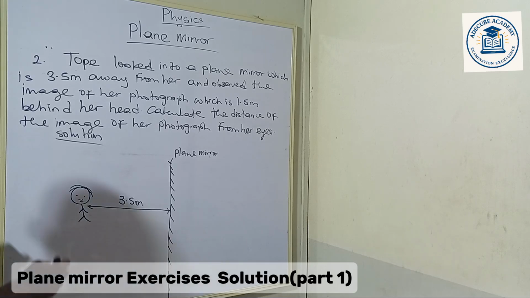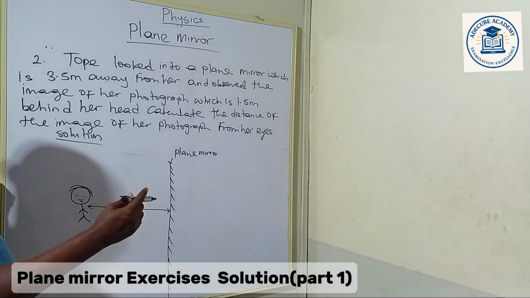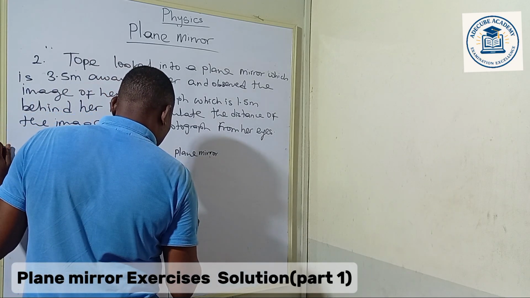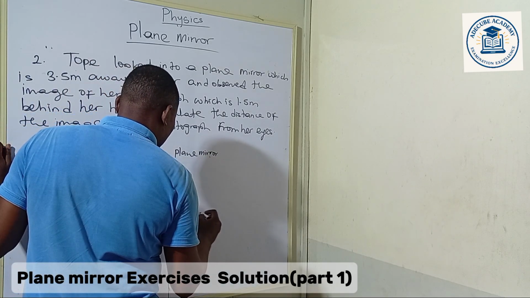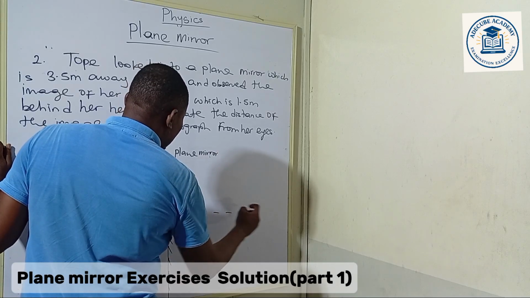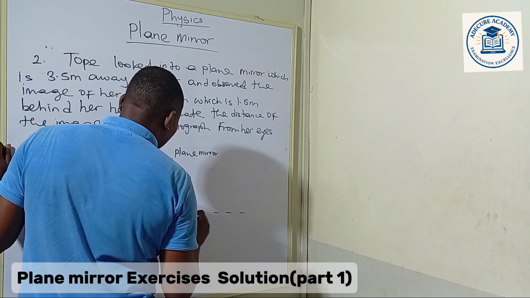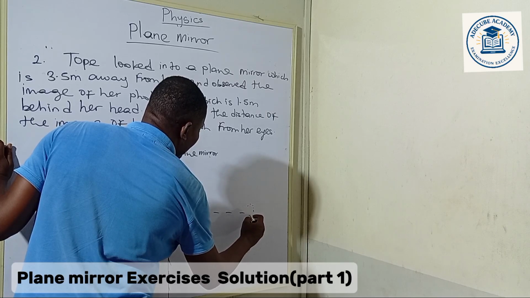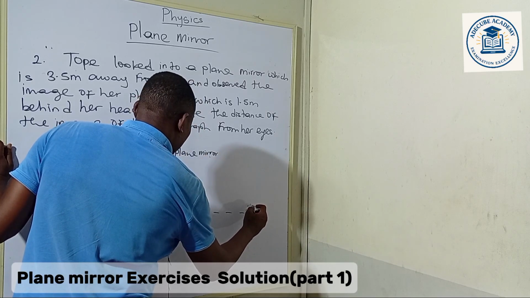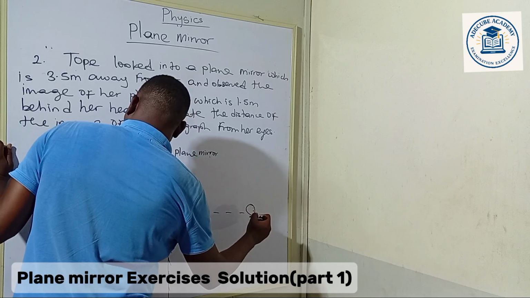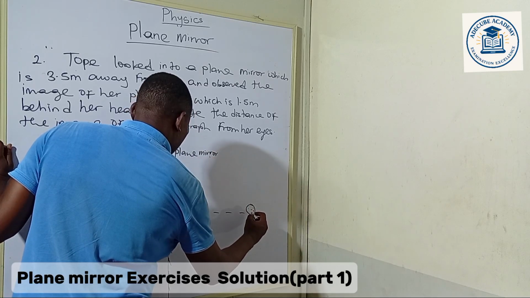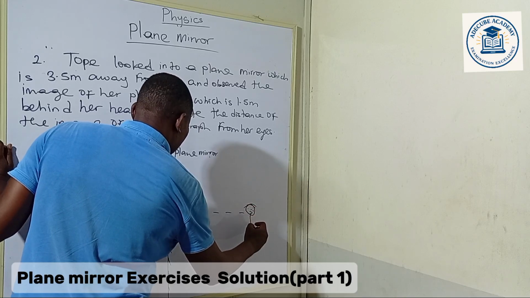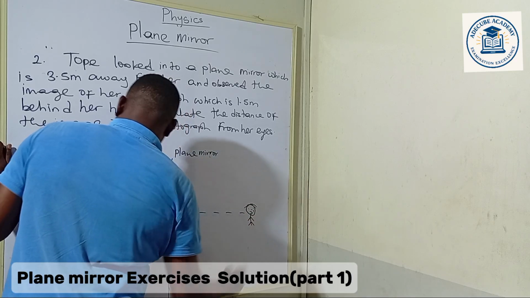Now, she looked into the mirror and observed the image of her photograph. Of course, she's looking into the mirror, so she's going to see her own image too, definitely. So this is the image of Topper.